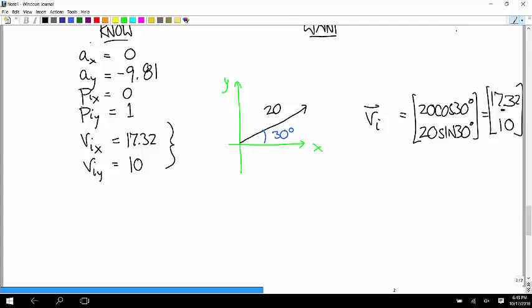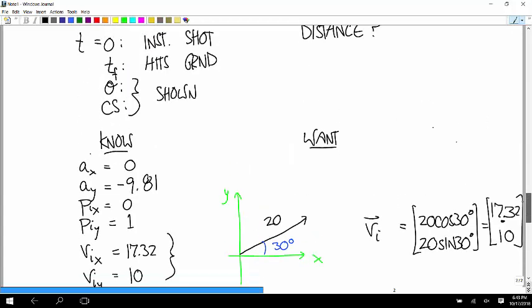I left out the final positions. That's what we're trying to find. So we're trying to find PFX, and we don't know the final velocity, so I'll leave those out. We do know one deep down, but we never write it on here. What's the one part of the final velocity that we do actually know? VFX is the one that we know because gravity only accelerates things in the y direction, up and down.